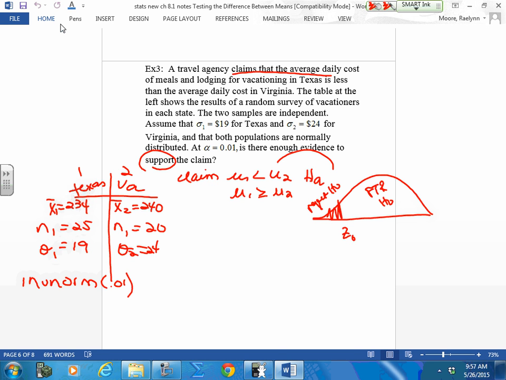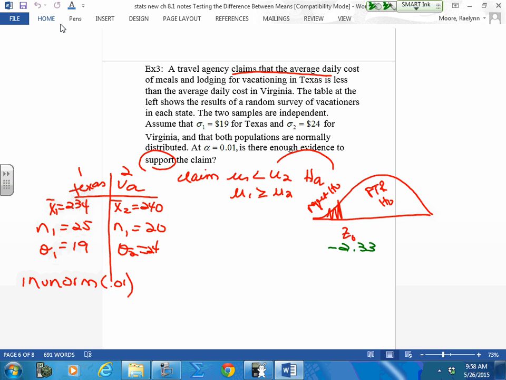So put it in your calc, inverse norm, 0.01. What's your cutoff value going to be? Okay, good. This is our cutoff value. Anything less than that, we reject H0. Anything greater than that, we fail to reject H0.